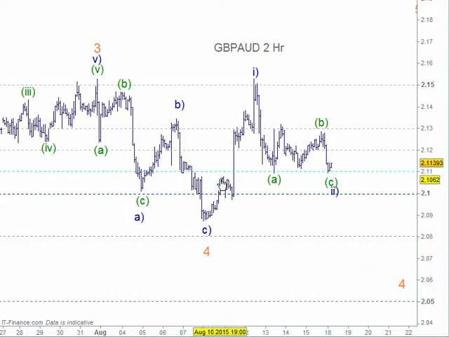In fact, I'll just put that here to remind us. This move up here does appear to be a 5-wave structure. I was looking at an A and a B and a C here, and we can look at this C wave in a minute to finish off. But when I look at the Euro Aussie, not the Pound Aussie, this move up here counts quite nicely as a wave B. We just have to get past this junction here, and there's a couple of ways to do it.